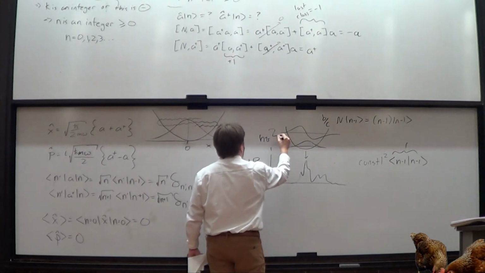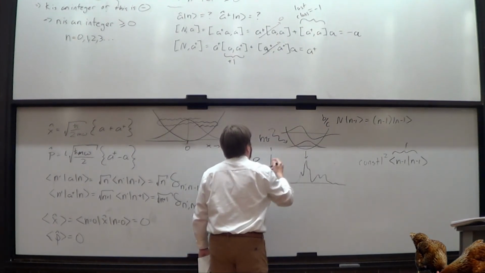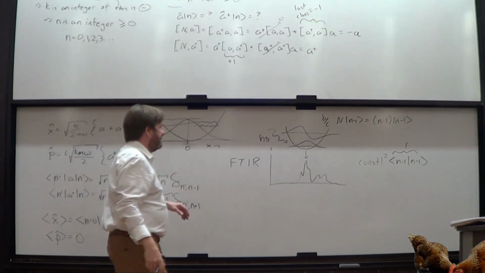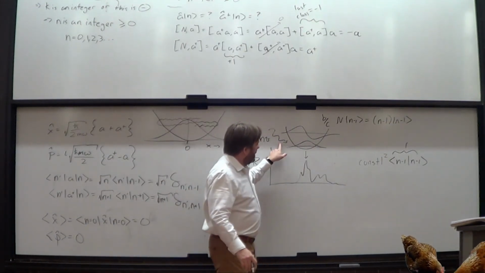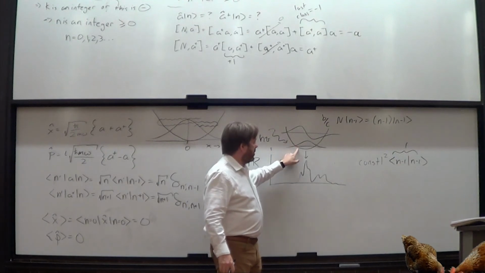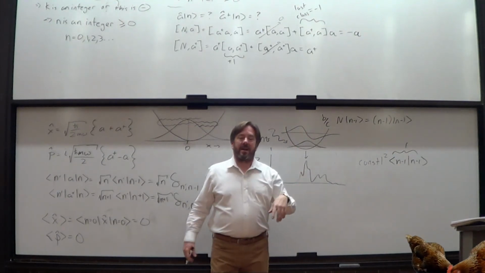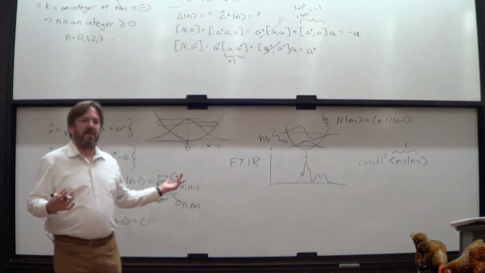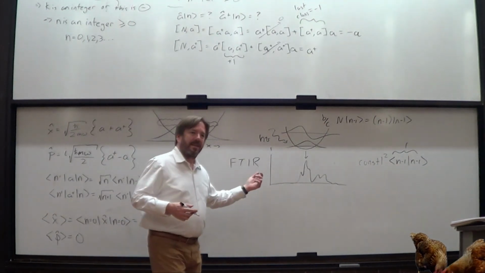Say this is HCl, which absorbs infrared light and goes from the ground vibrational state to the first excited state, right? Again, high school maybe, definitely freshman chemistry, you learn this stuff.